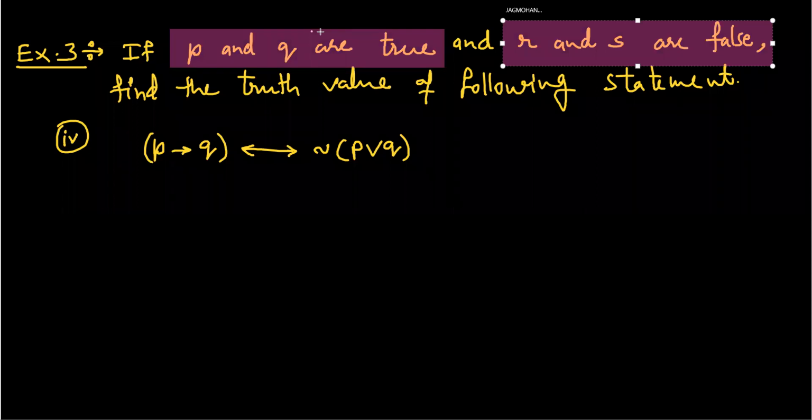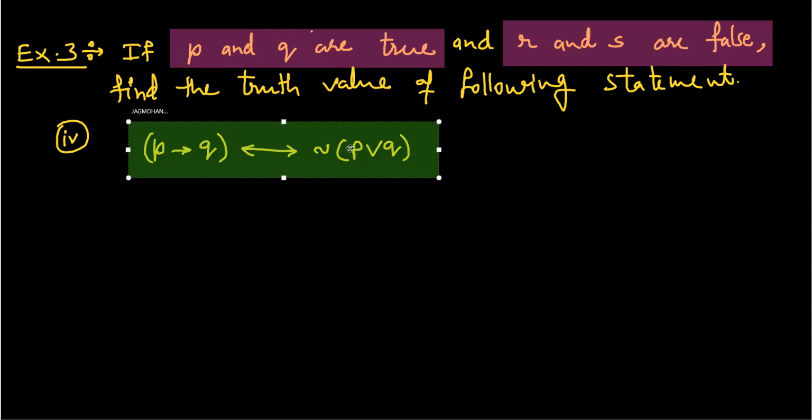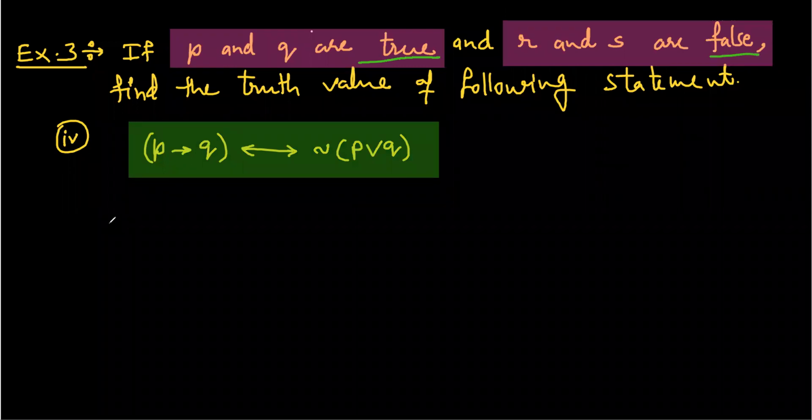Find the truth value of the following statement. We are given a statement and we need to find the truth value of this particular statement, under the data that P and Q have truth value true, R and S have truth value false. So this is the compound statement.